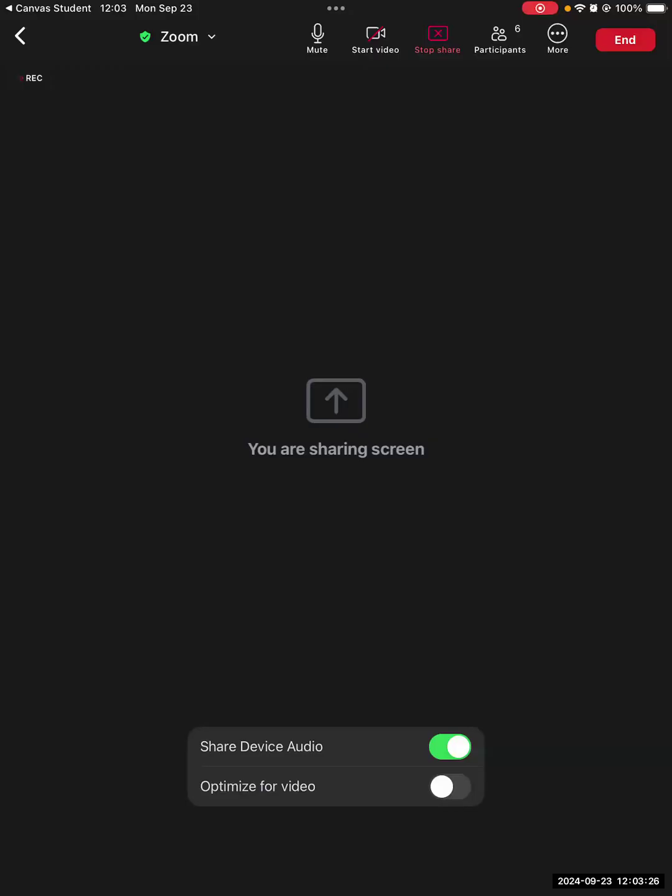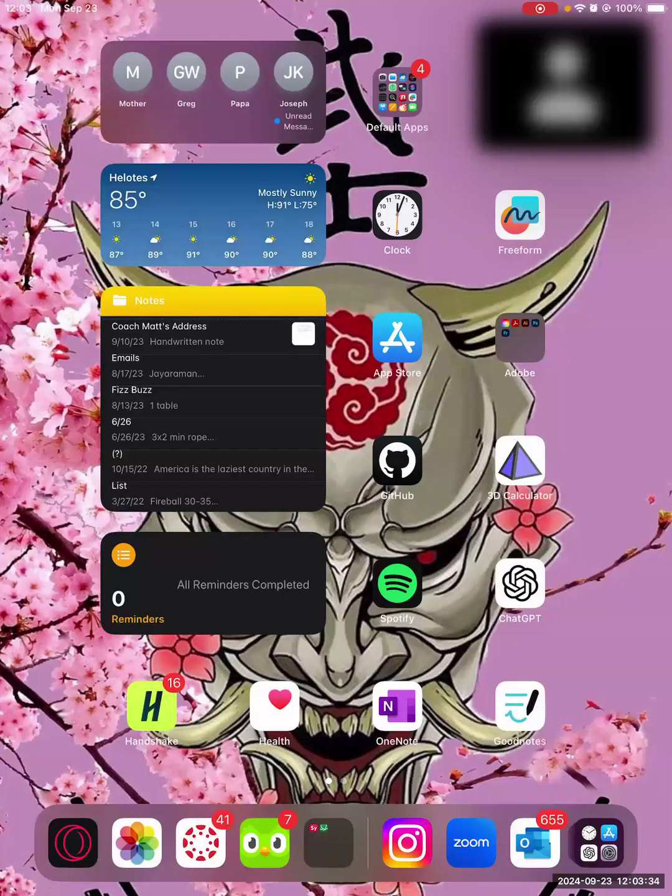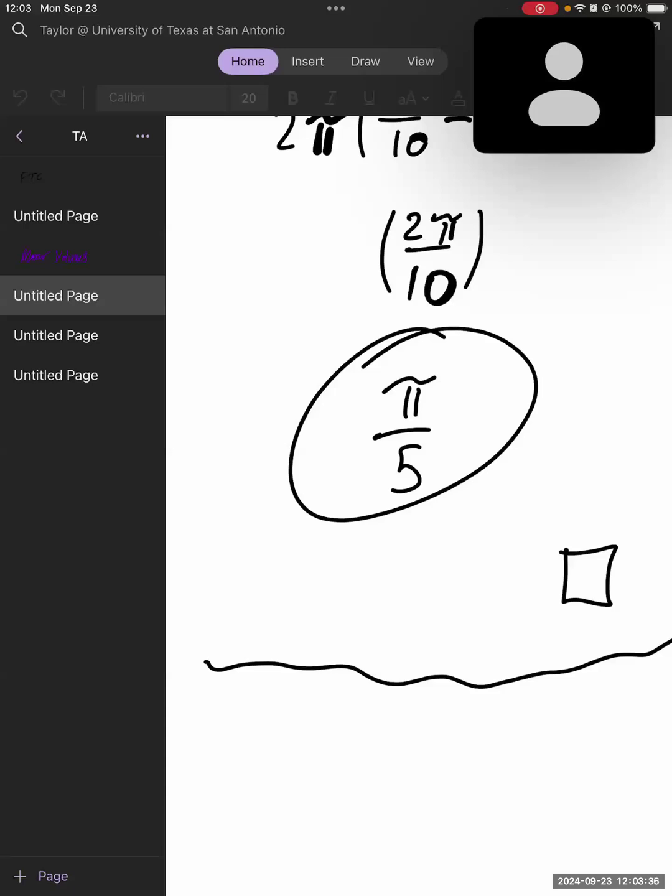Everybody should be able to see my screen here in a second, or at least my iPad. Then find my OneNote. There it is. All right. Give me 1 second, guys. My computer has frozen.